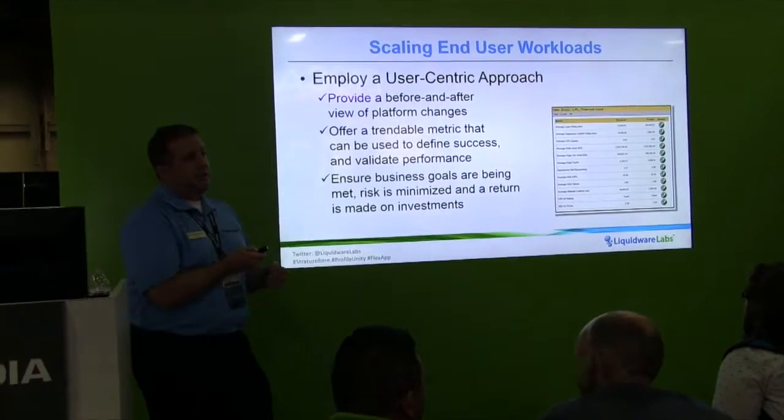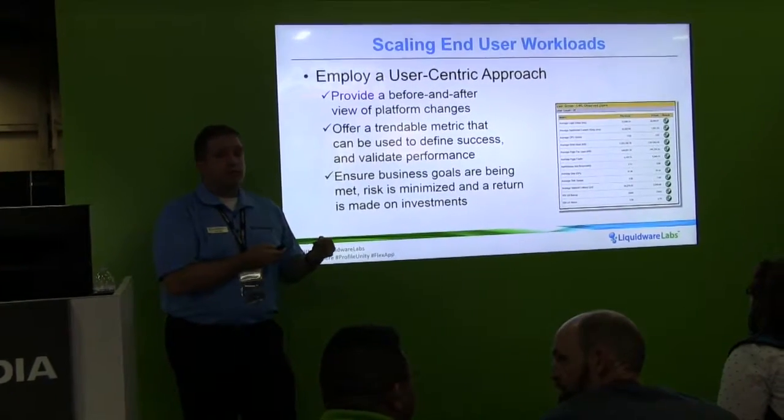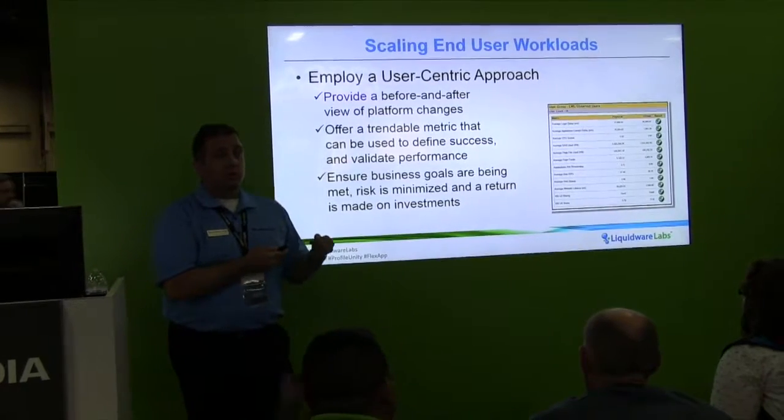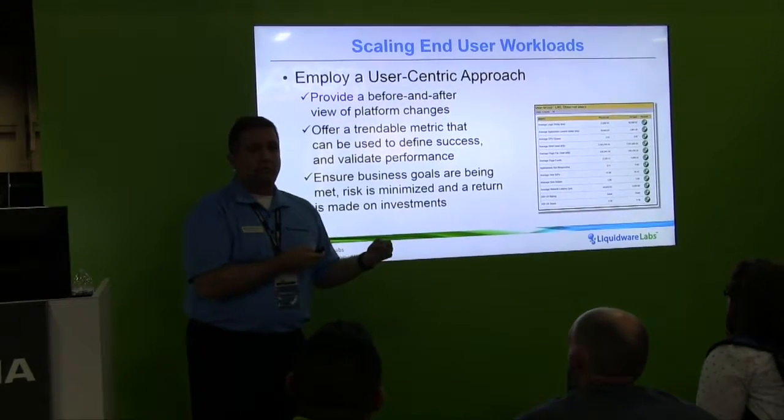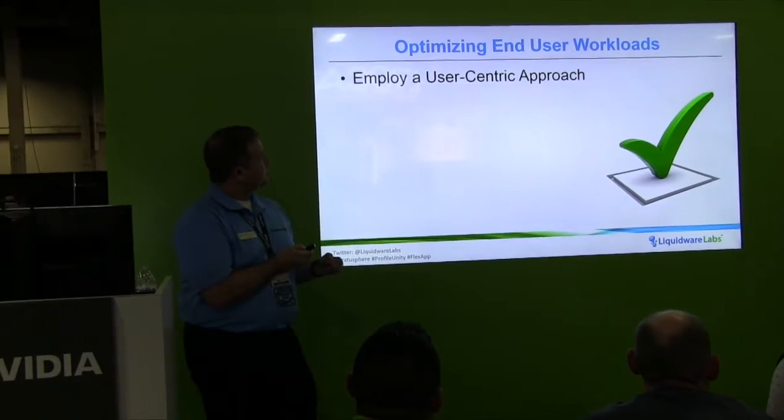And again, at the end of the day, that's going to help you ensure you're meeting your business goals, but more importantly, in terms of your infrastructure, making sure you are accountable to those hardware changes and those hardware investments and tying them back to the user experience.